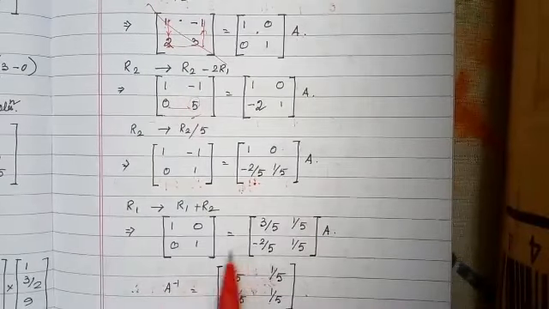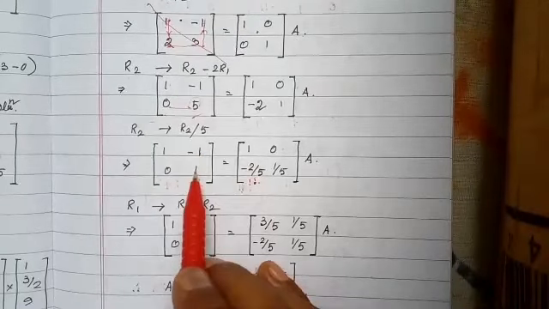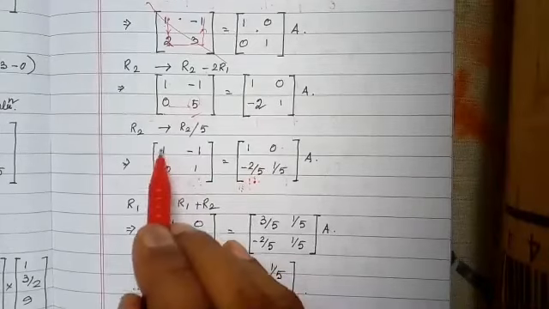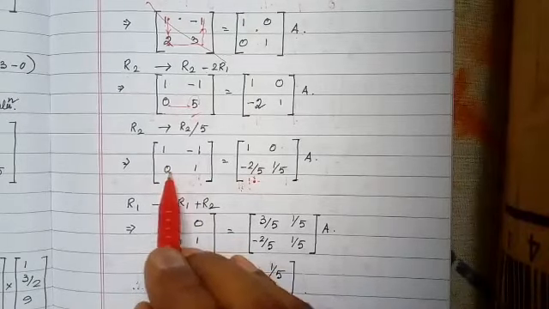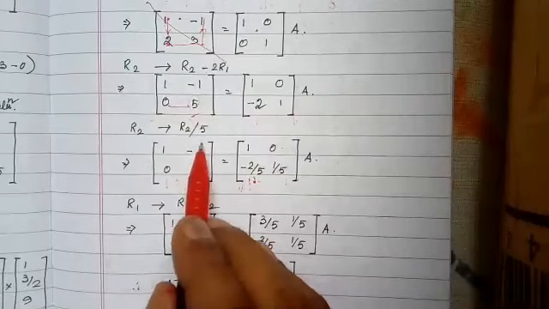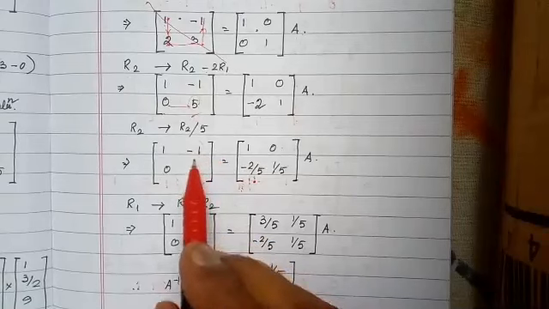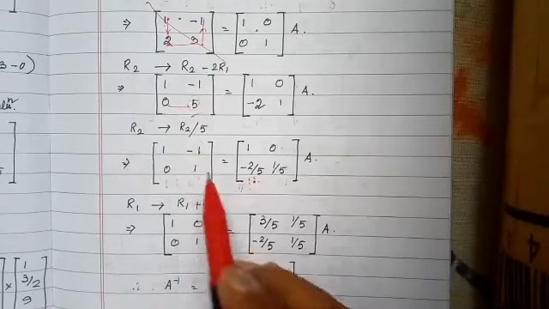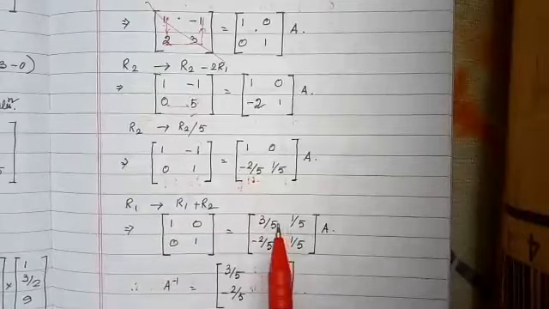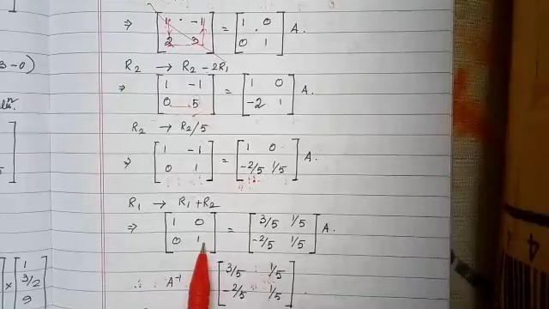Now we have to make this 0. How is it possible? If we add this 1, obviously this will be 0. Because our turn goes from this to this, then this to this, then this to this, in this direction. Now it is turn for this one to make it 0. It is very easy. If we add this, this will be 0. So R1 is replaced by R1 plus R2. R2 is not changed, so R2 is written as it is.